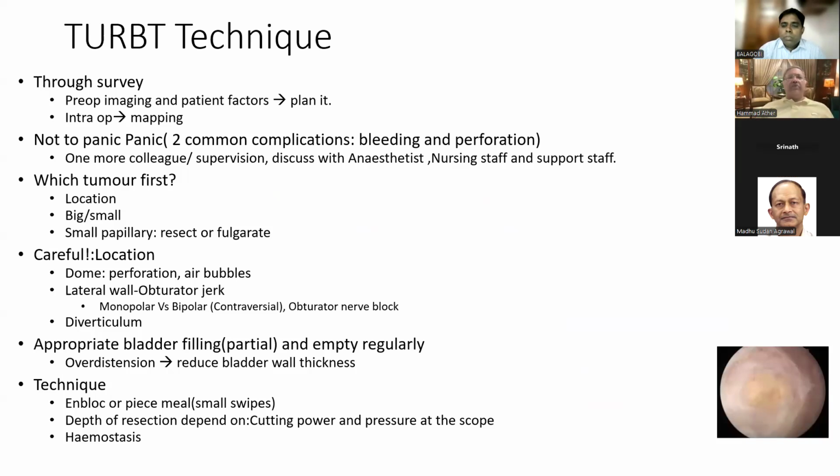So it's best to start from the floor, keep resecting, and then maybe go in the end to the dome of the bladder and side walls.